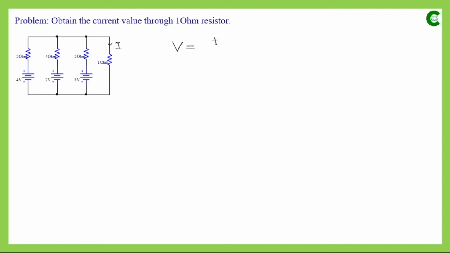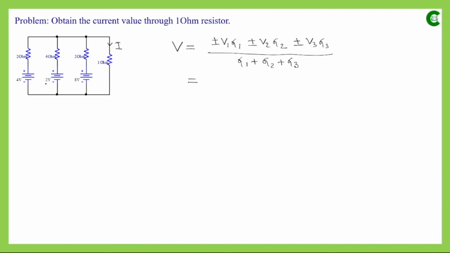As per Millman's theorem, the voltage of the equivalent voltage source will be the algebraic sum of the product of every voltage value and its corresponding conductance. So it will be plus minus V1 G1 plus minus V2 G2 plus minus V3 G3, divided by G1 plus G2 plus G3, as we have three parallel branches in this DC network.